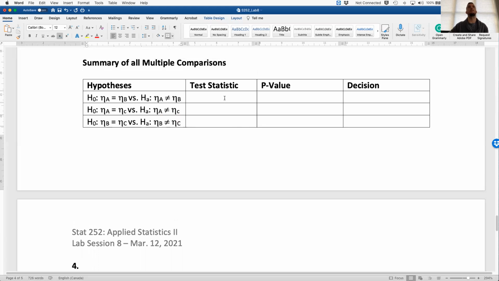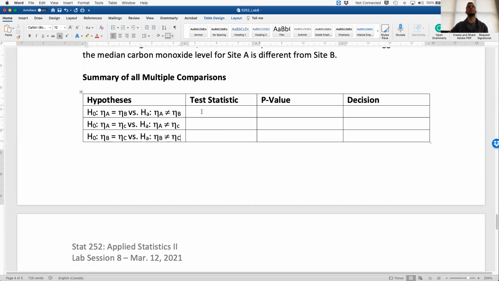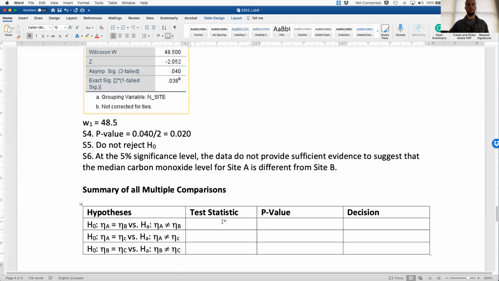This will be our third test. Okay, so now from above, we actually found the test statistic for the first test. So that's 48.5. The p-value here is 0.040 over 2, which is 0.020. Okay, and then the decision here would be do not reject H0.